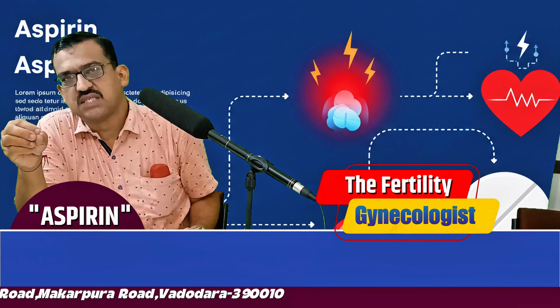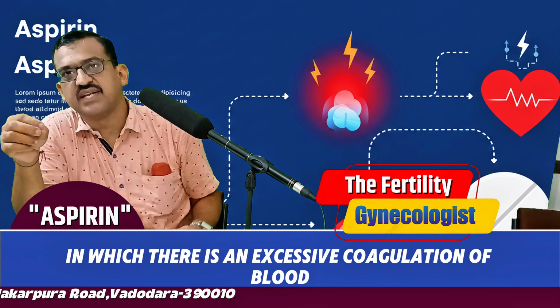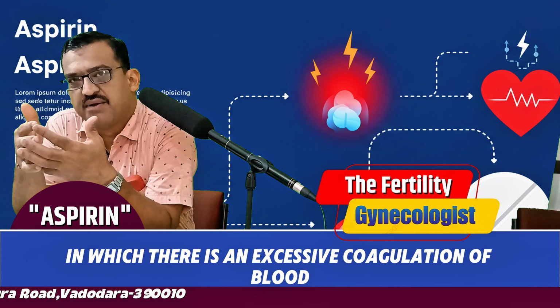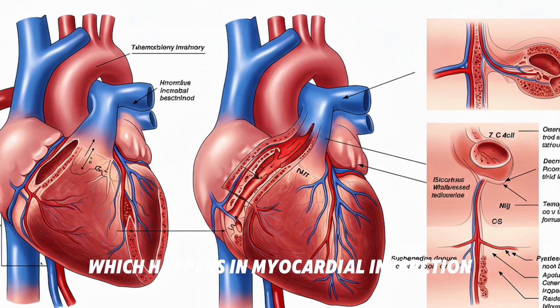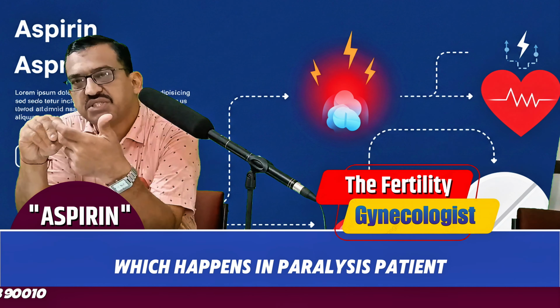In cases in which there is excessive coagulation of blood, which happens in stroke, myocardial infarction, and paralysis patients, these thrombi are more common, and microthrombi are common in the small vessels of critical organs like brain, heart, maybe kidney, and they decrease or disrupt the blood supply of that organ or portion of that organ.